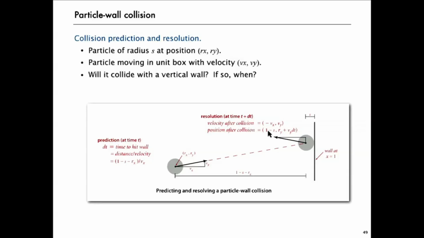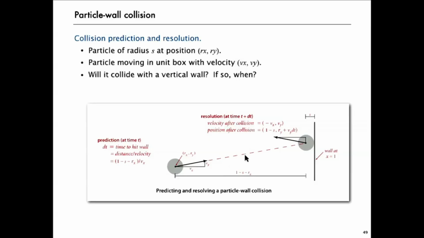So if you know that you have a particle that's at a certain position, Rx, Ry, and it's got a certain velocity, Vx in the x direction, Vy in the y direction, then from the distance to the vertical wall, you can figure out how many seconds it's going to take until it hits it. It's basically that distance divided by the velocity.